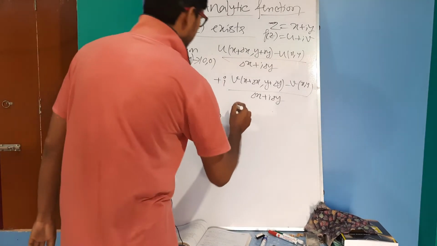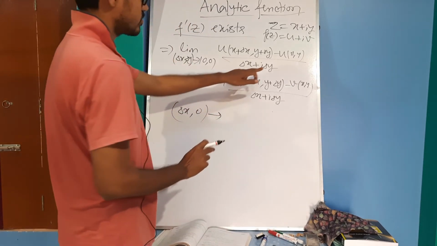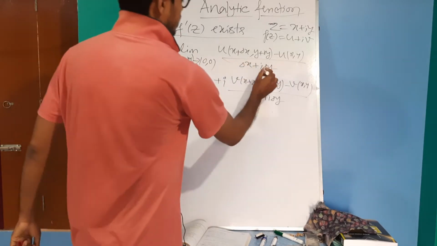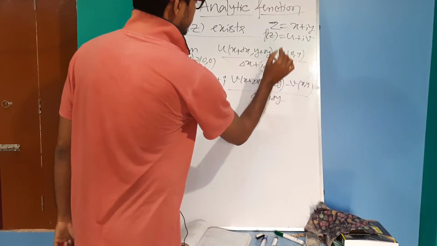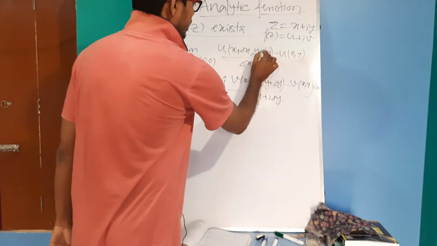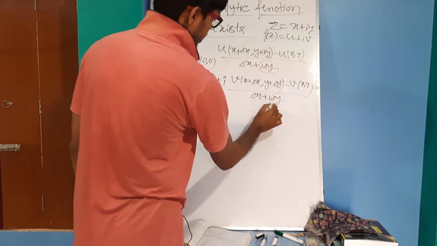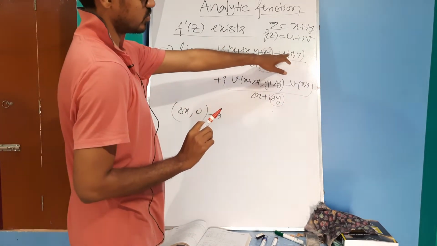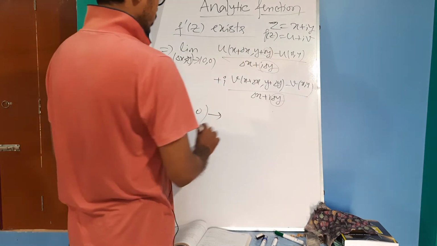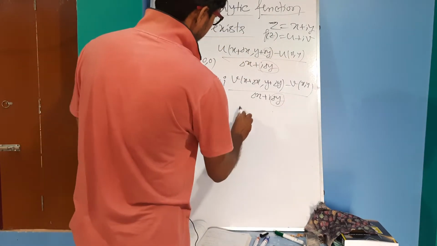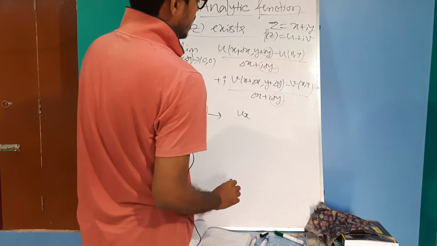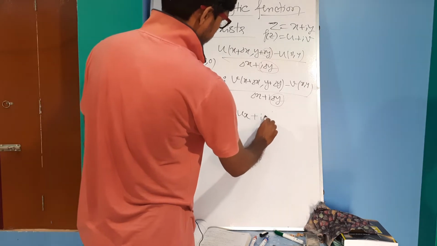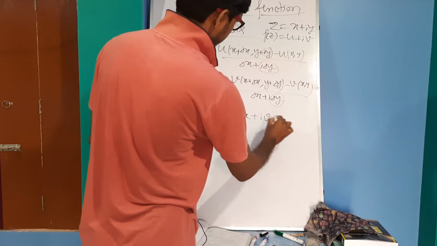So if you put del y equal to 0, this part will be vanished, and this part will be vanished, similarly this part will be vanished. So what is remaining here, u of x plus del x comma y minus u of x y divided by del x, which is nothing but ux, and for this function if you put del y equal to 0, that means this is also vx, is it not?